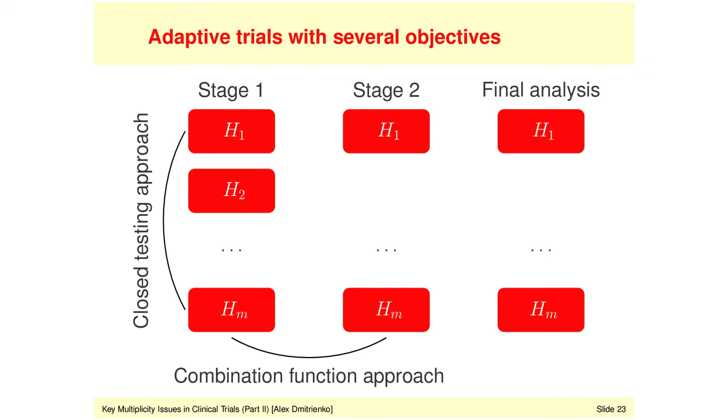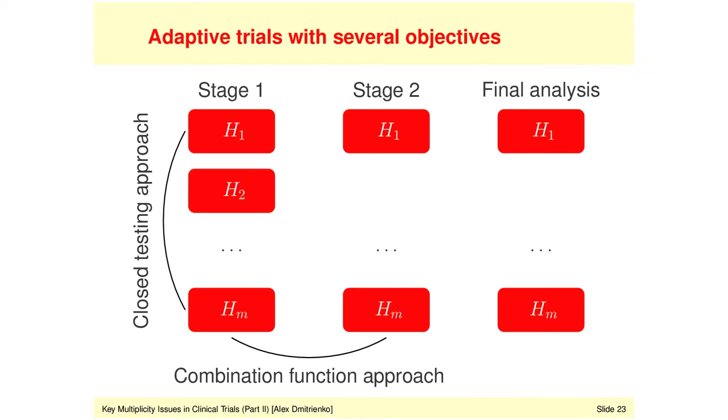You will notice that, for example, the box corresponding to the hypothesis H2 is missing from the second column, the stage 2 column, and this is actually quite intentional. I did that to show you that based on the results of the interim analysis, a decision may be made to remove this hypothesis from consideration.